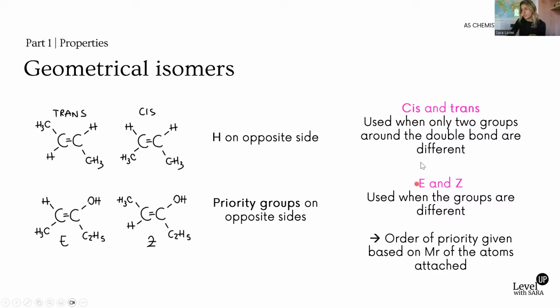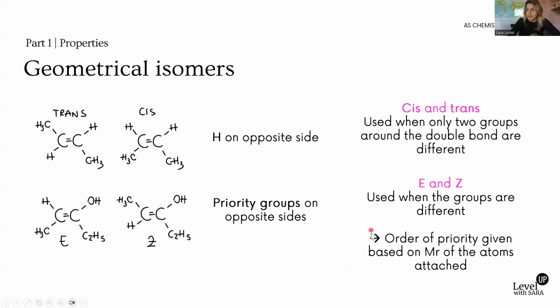However, you can also use E and Z for cis and trans, but you can't use cis and trans for E and Z. So E and Z are used when the groups are different and we cannot really compare the relative position. Priority groups are on opposite sides for the E. And this is how to explain it. Priority groups on opposite sides. Priority groups on the same side would be Z.